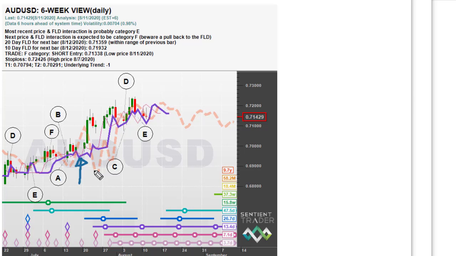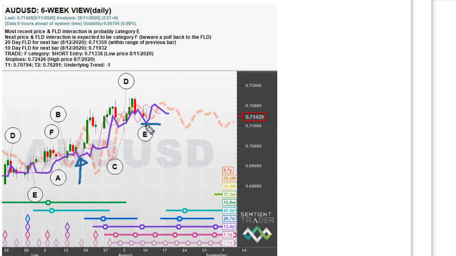So yes, when an F category trading opportunity comes along, we might have the opportunity to catch a short trade. But there's been so much bullishness in this market that I certainly wouldn't be jumping into a short trade. I'd be watching it a little carefully. I would probably let price cross down below that FLD, and I'd want to see some other indications, such as it definitely breaking below the lows of the past several days.